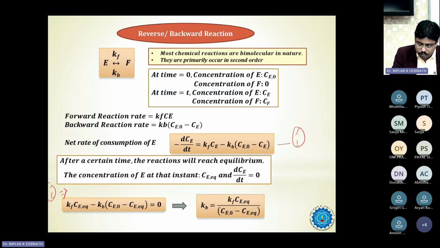Now minus dC dt: we put this quantity of Kb in equation 1 and try to find the forward reaction rate. After putting this value, we get minus dC dt equal to Kf C minus C naught minus C into Kf C equilibrium divided by C naught minus C equilibrium.